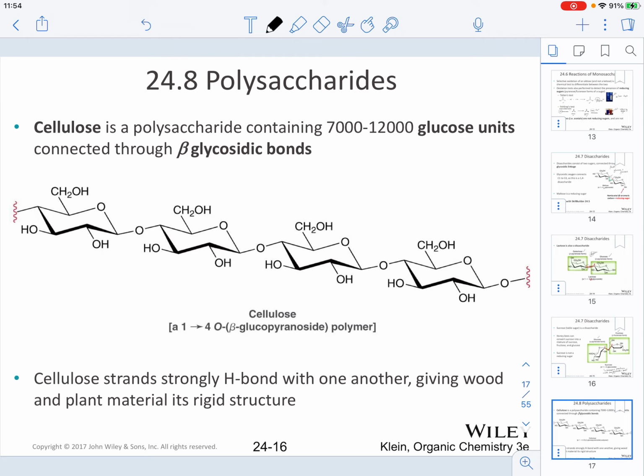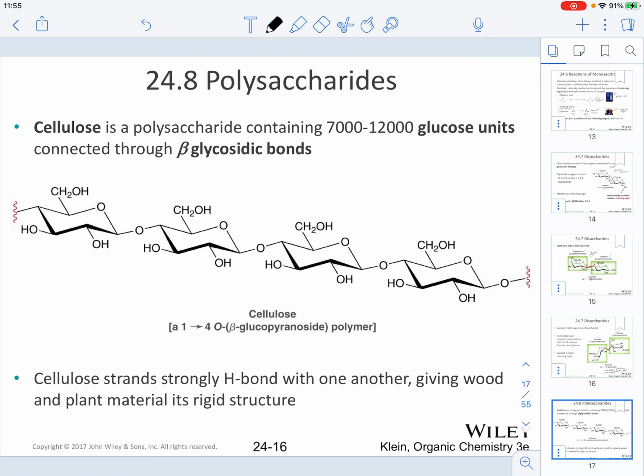The next topic that we are going to talk about is polysaccharides. And polysaccharides are going to be molecules in which we have many units of sugar. Specifically, we are just going to mention a few of them, starting with cellulose. So cellulose is a polysaccharide that contains between 7,000 to 12,000 glucose units connected by a beta glycosidic bond.